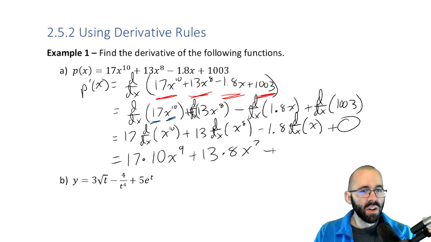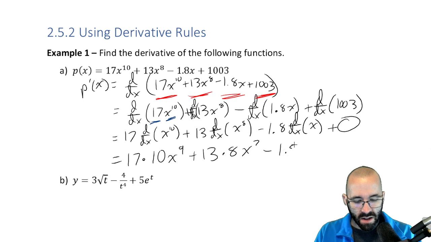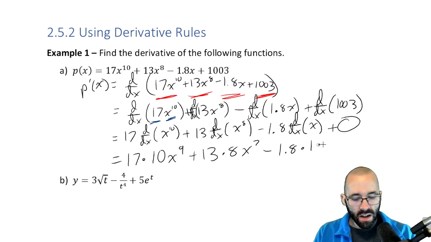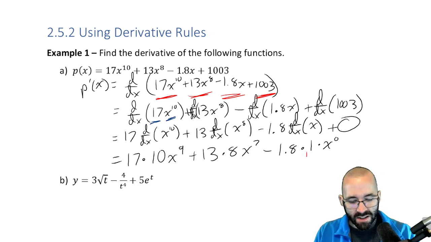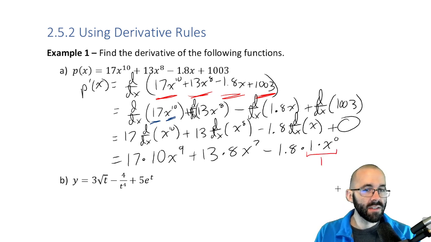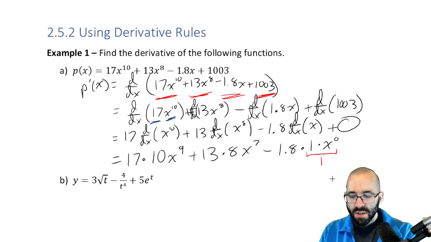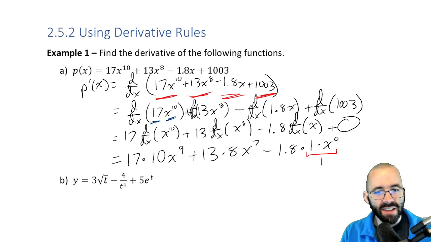We can use the power rule on this one too, actually. Bring down the exponent, which is 1. Now the power is 1 smaller. It's 0. And remember, x to the 0 is just equal to 1. So we're almost done. I almost had enough space, actually.